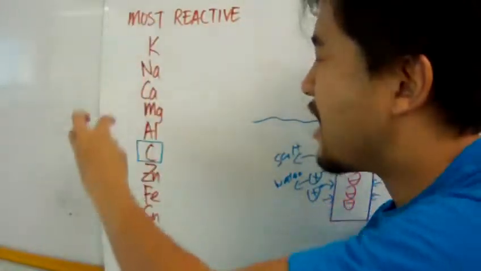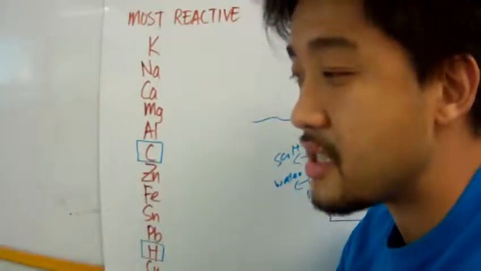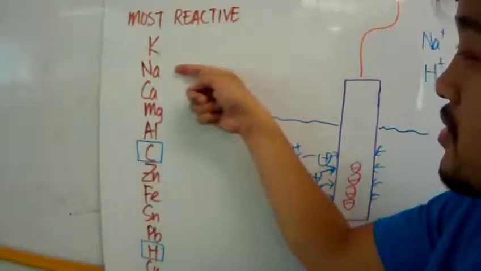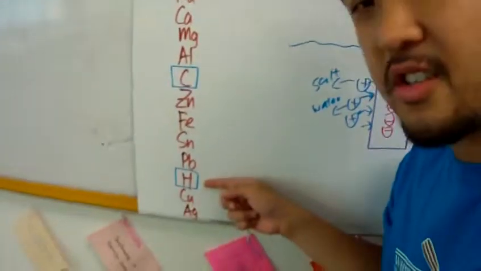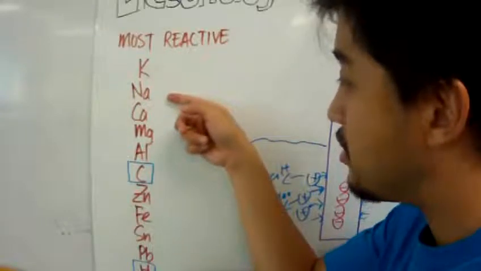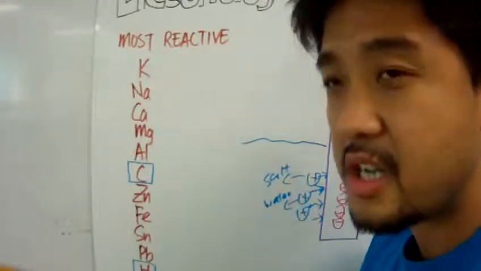So the reactive metal is going to prefer to stay as ions in the solution because it's more stable that way. For sodium chloride, you can see the sodium is up here and hydrogen is all the way down here. When we compare the two, sodium is very reactive, so it's going to want to stay in the solution.